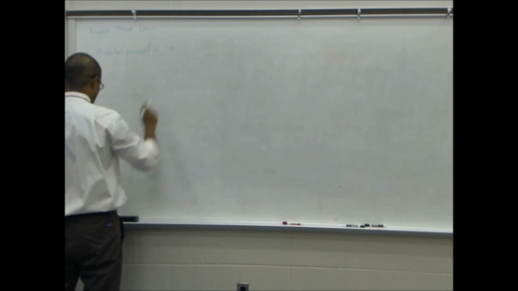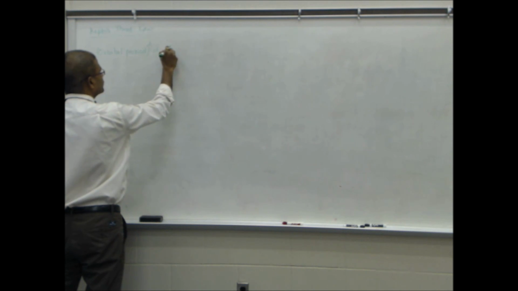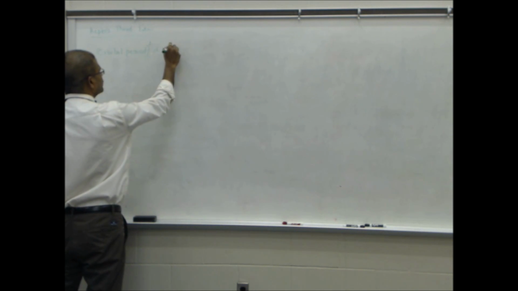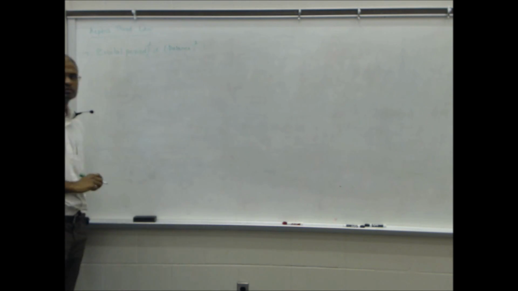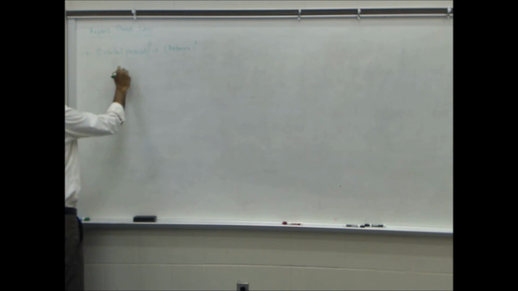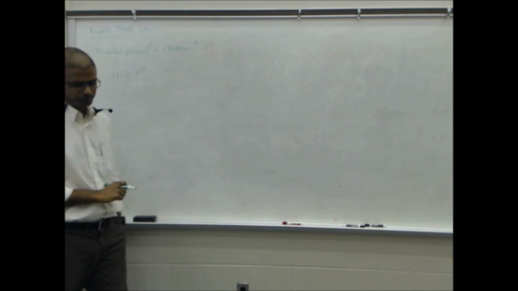So you can say T squared is proportional to R cubed. So this actually gives you the relationship between orbital period and the distance. Okay. All right.